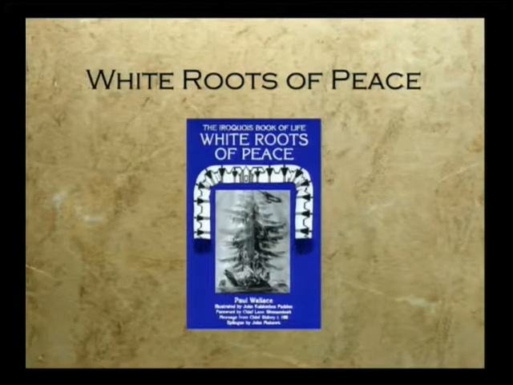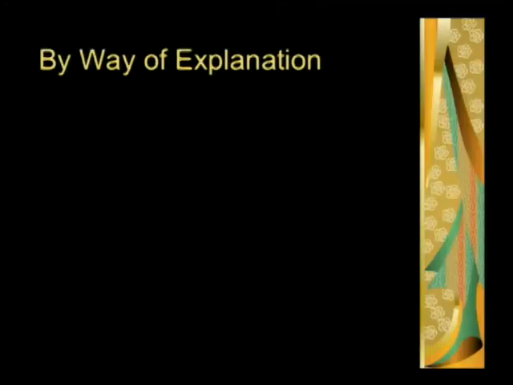Some of the source material besides personal encounters with Mohawk history keepers is also Paul Waltz's book, The White Roots of Peace, which is available among other places on Amazon.